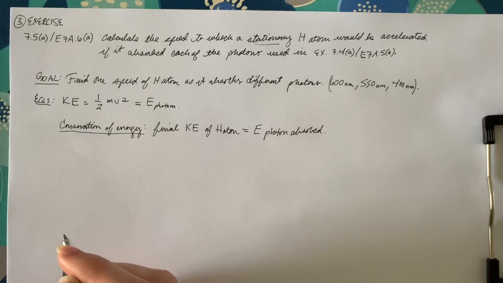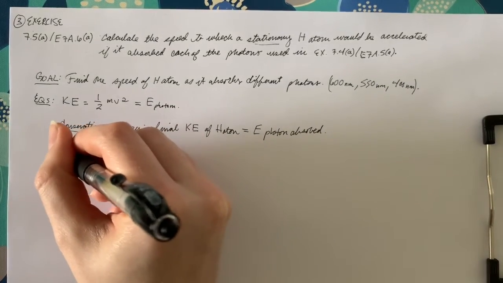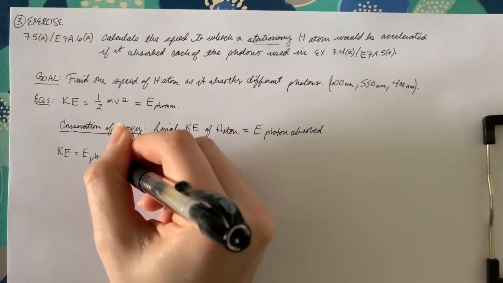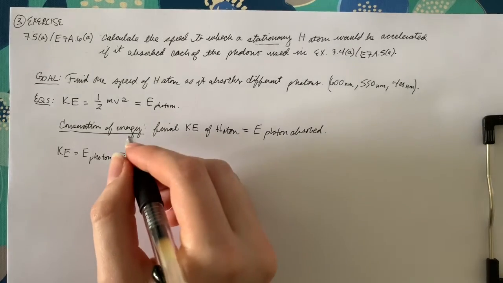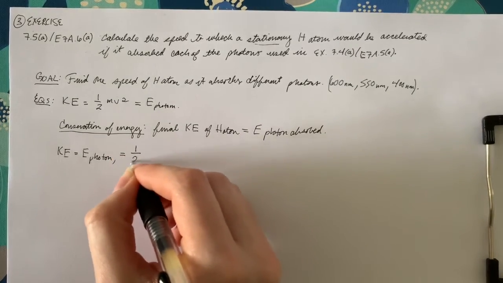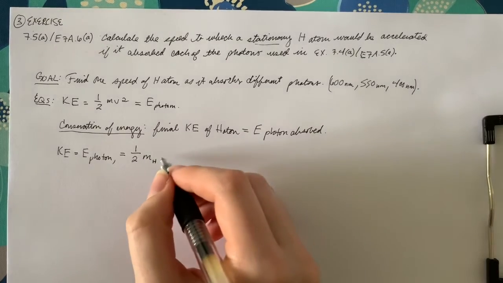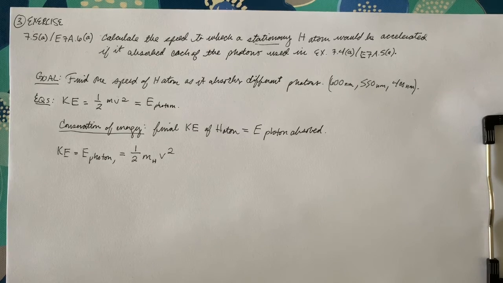So if we know that kinetic energy is equal to the energy of the photon, then we know that this equals 1/2 mass of the hydrogen atom times velocity squared, right? Velocity, meters per second, sorry.